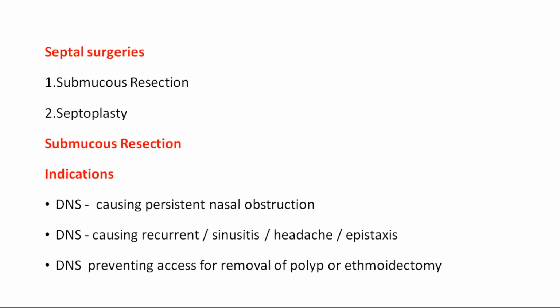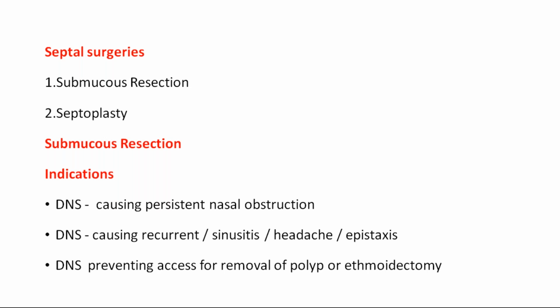Submucosal resection is more like a radical approach, and there is another thing that goes by the name of Cottle line. The Cottle line is nothing but an imaginary line you draw from the nasal process of frontal bone onto the anterior maxillary spine.